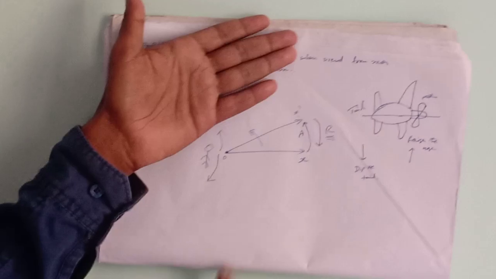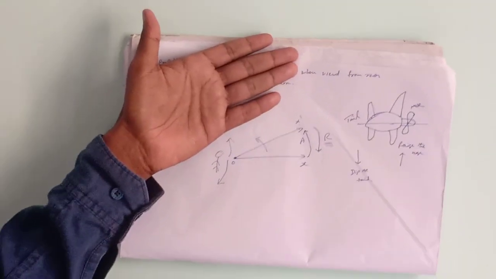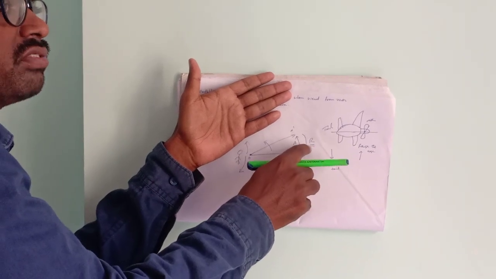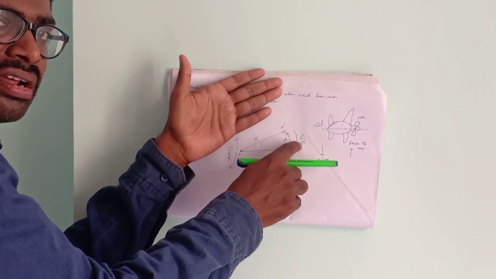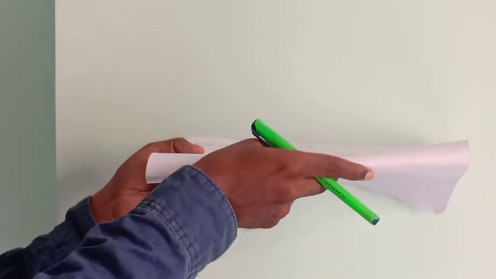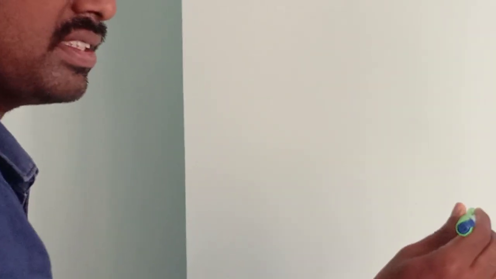It means this board is the plane, and both active and reactive will be perpendicular to it.